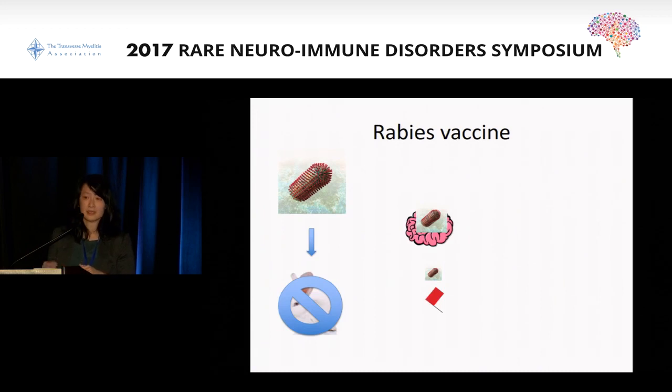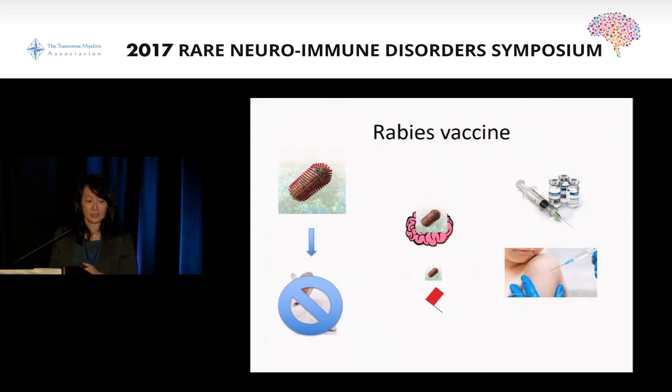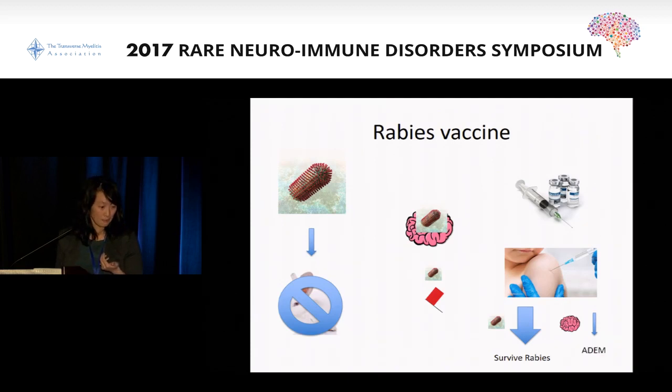We also add some things that tell the immune system to, hey, pay attention, and we make it in the form of a vaccine and give it to the human. Most of the time, we get the intended outcome, which is for the person who was exposed to rabies to make a response to the rabies virus and survive the infection. Unfortunately, in the case of the original rabies vaccine, some people developed an immune response against the neural tissue, and they got a syndrome that looked a lot like ADEM.